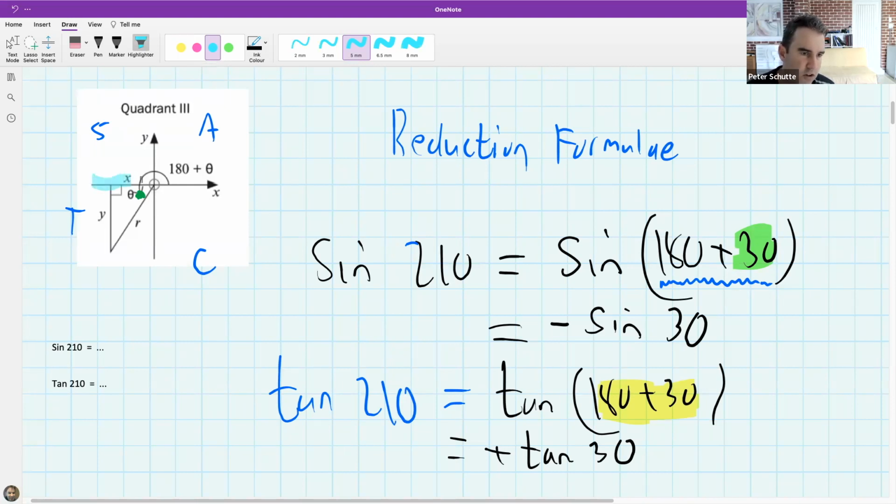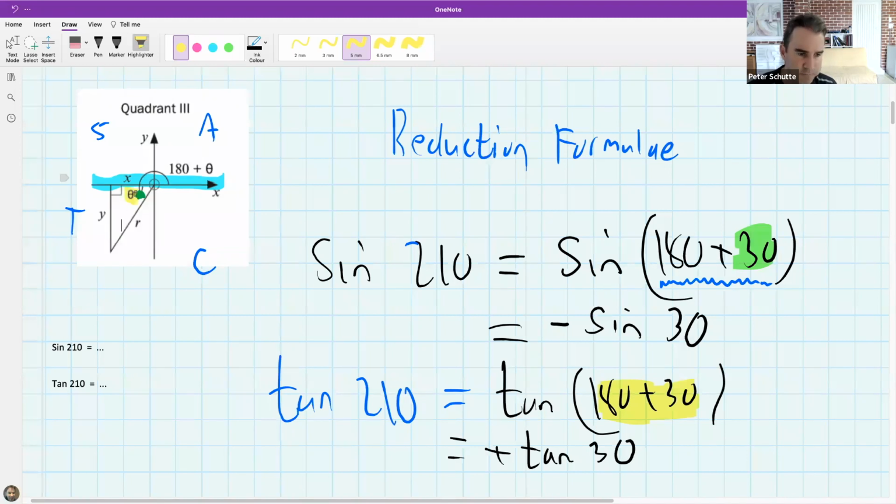The nearest horizontal is here. So if 210 was my angle, then the nearest horizontal is 180. What's the difference between 180 and 210? It's going to be 30. And so I'm going to teach you a quicker way today to do reduction, but just remember that it's always asking how far away is it from the nearest horizontal, because that shows you what the angle is inside the triangle.